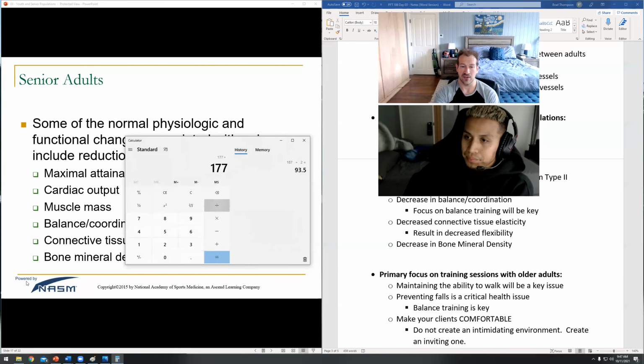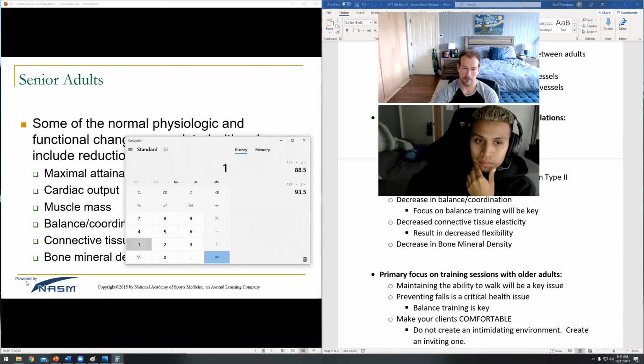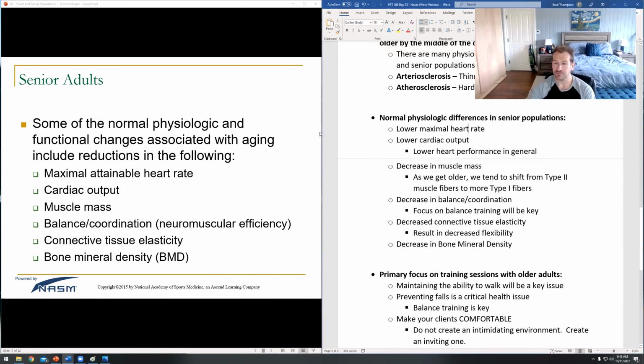If it was 177, it's 88. If it was 167, it's 83. So these numbers are going to shift as we get older. We've got to make sure that we're being cautious of that.